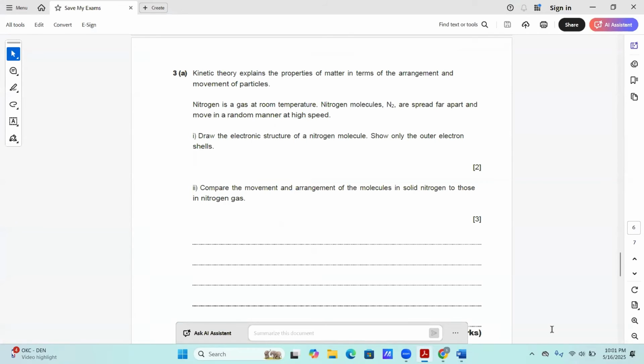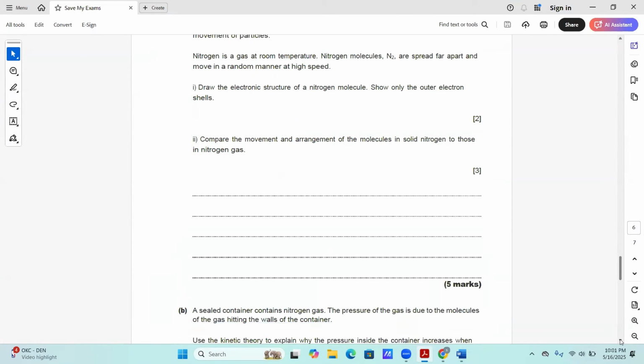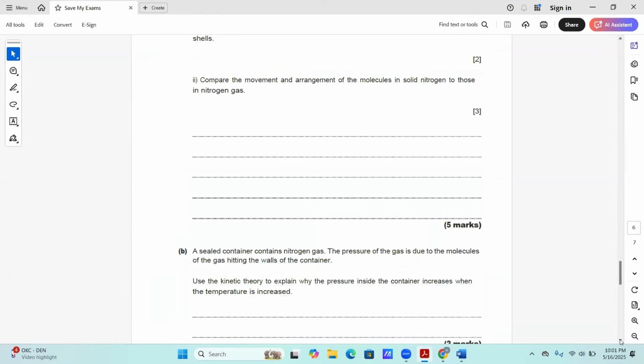Compare the movement and arrangement of the molecules in solid nitrogen to those in nitrogen gas.